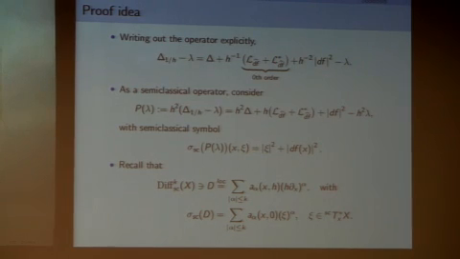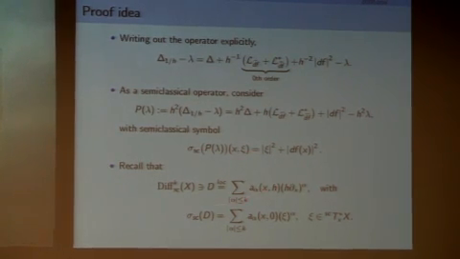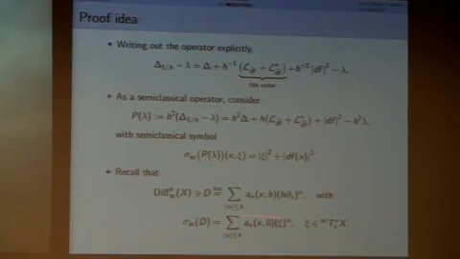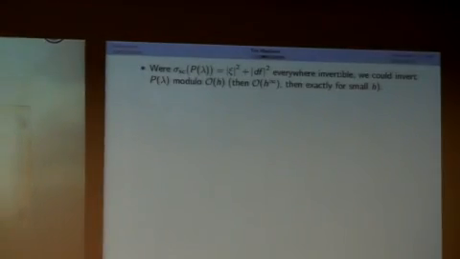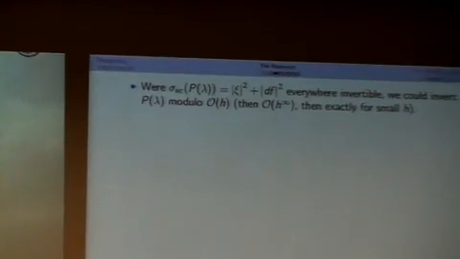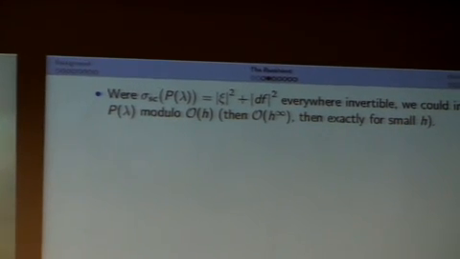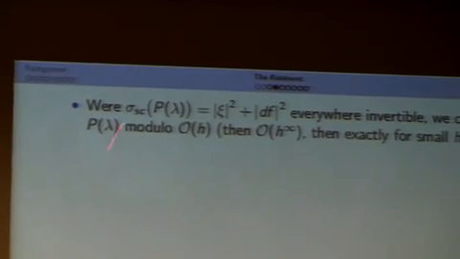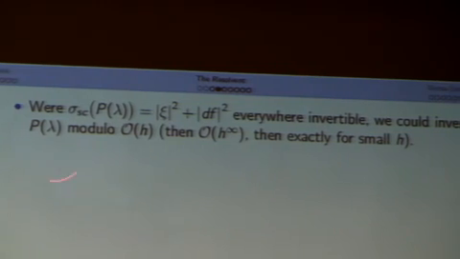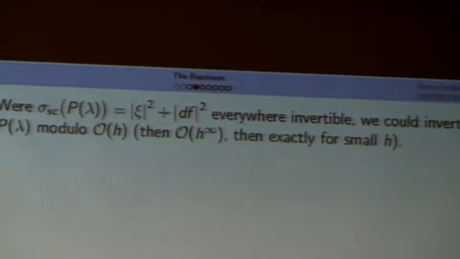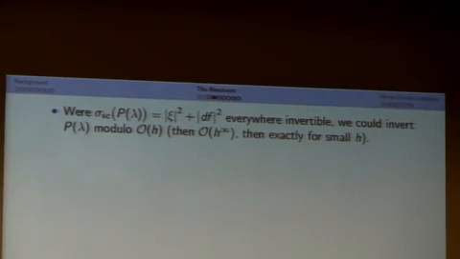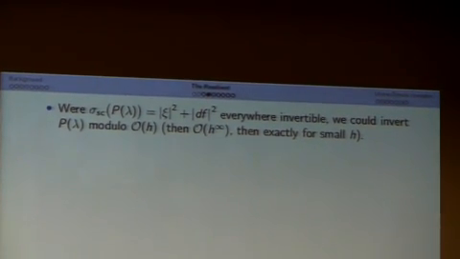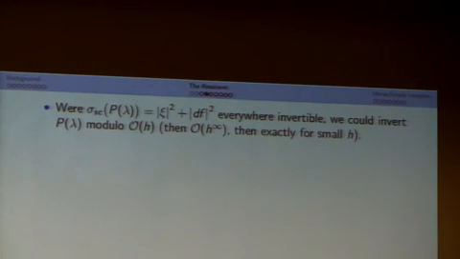So what's the idea here? We've got a non-commutative algebra of differential operators here. This is a function, so y is a commutative algebra. And the idea behind semi-classical analysis is that if you can invert this semi-classical symbol, if this were everywhere invertible, then that would say in particular that we could invert this operator modulo error terms of order h, and then those are easily improved to error terms of order h infinity, and then an exact inverse for small h, where you can remove the errors entirely.